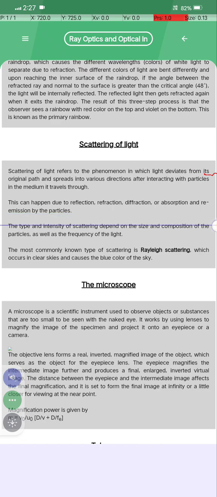The type and intensity of scattering depend on the size and composition of the particles as well as the frequency of light. The most commonly known type of scattering is Rayleigh scattering, which occurs in clear skies and causes the color of the sky.